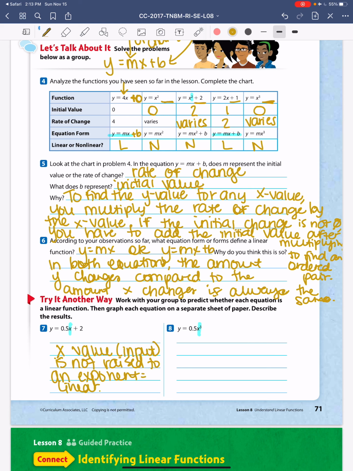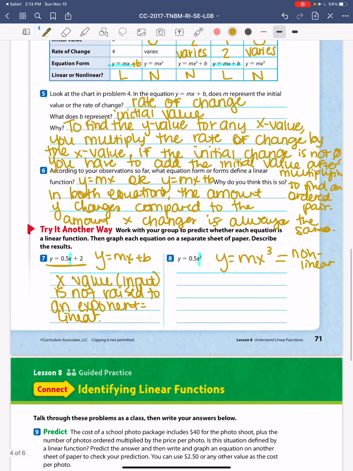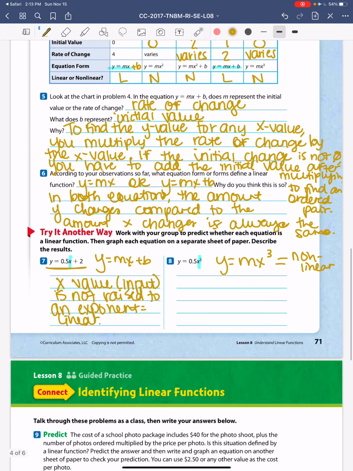But really it's because it takes the form of y equals mx plus b, not mx cubed. That was one that was not going to be linear. Remember we talked about that in number 4. And if I wanted to graph that, then I needed my points for it, so I could go ahead and do that.